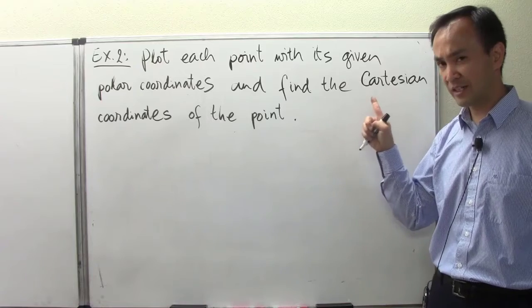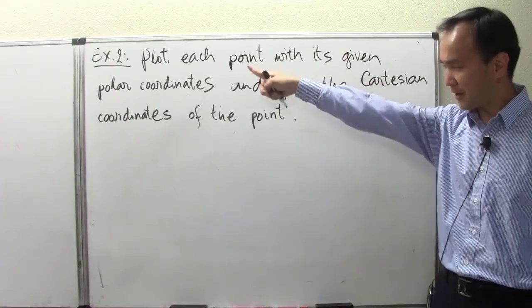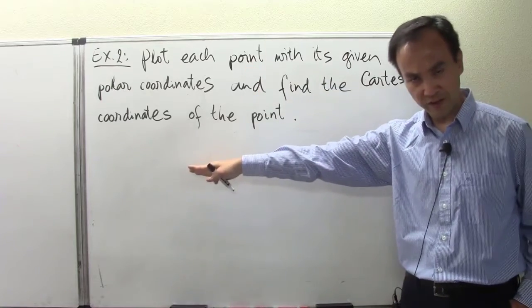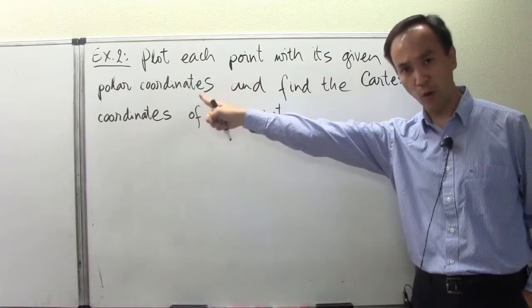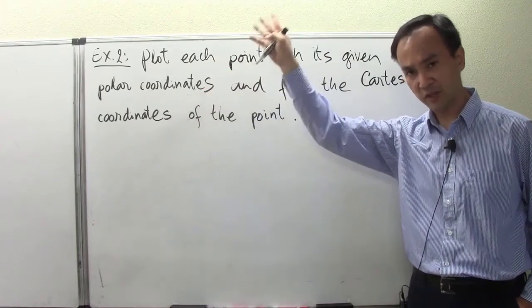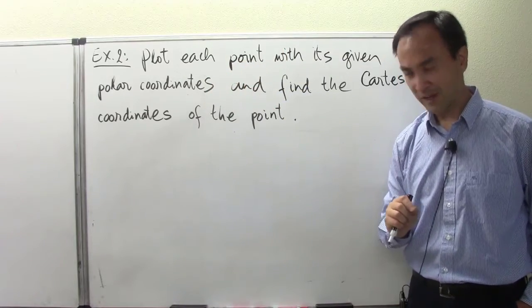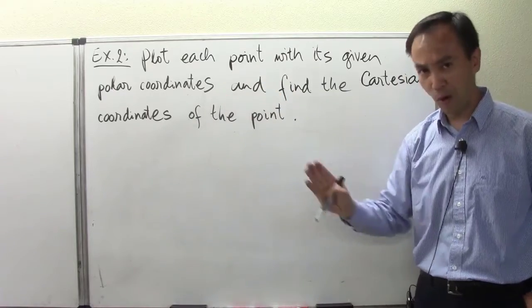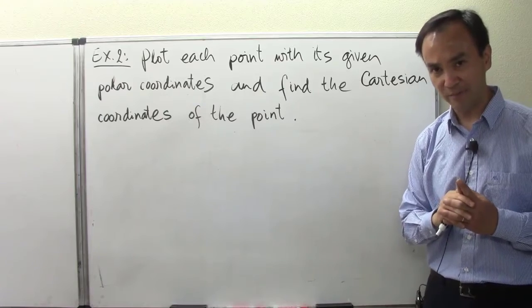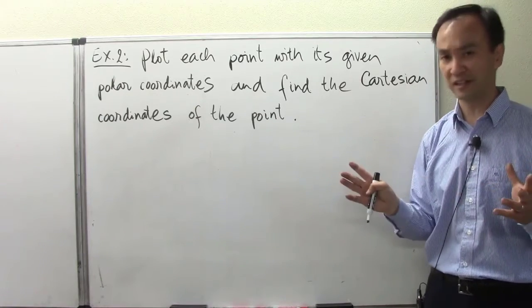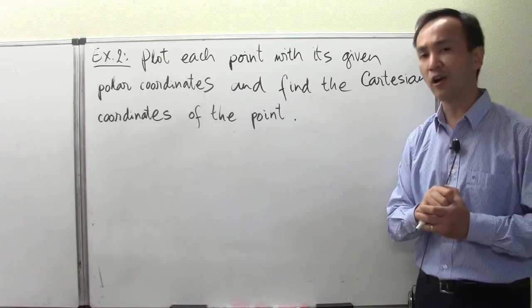But in the way how I see this instruction of the example, it's asking us to do two things. So first thing, any point that the example is about to give is given in polar coordinates, and our first responsibility is to plot each point given. That's what it is for now. Okay, and then once we plot, and at this point I have shown the Desmos skills in the earlier example 1, so now feel free to, on your own, try right there, as if you're working through the example on your own, along with what I'm doing here.